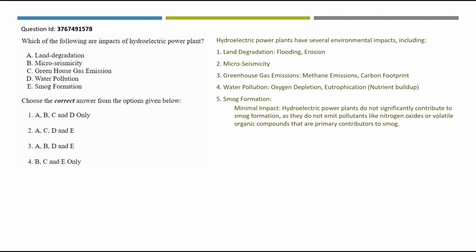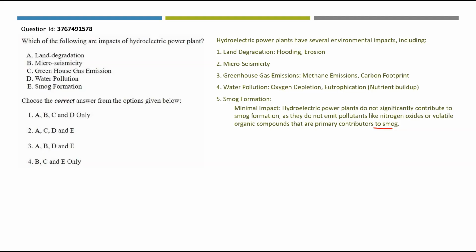Hydroelectric power plants do not significantly contribute to smog formation as they do not emit pollutants like nitrogen oxides or volatile organic compounds that are primary contributors to smog. So just understand what are the primary contributors to smog here, and since they do not emit such pollutants, hydroelectric plants do not contribute to smog formation is what they say.